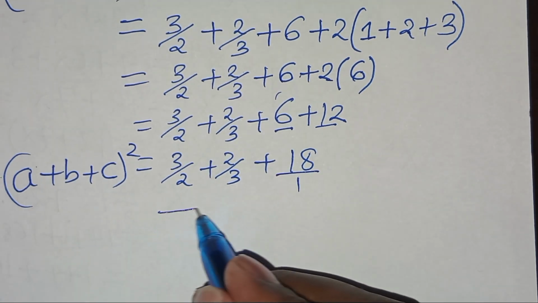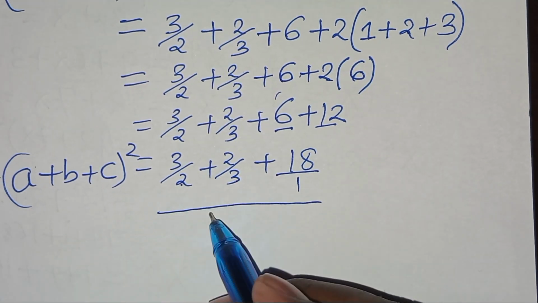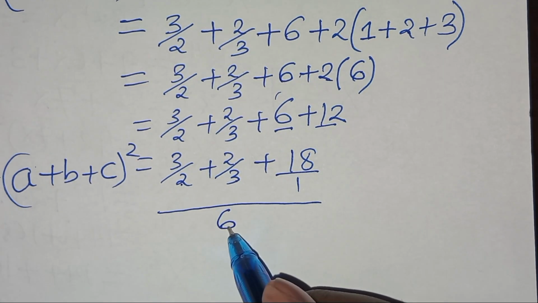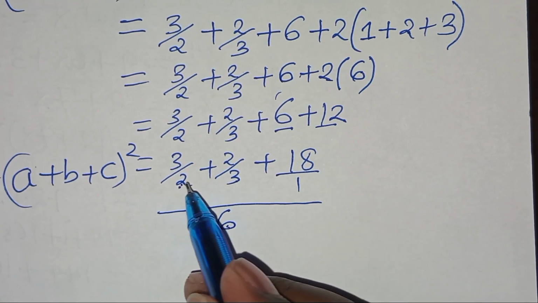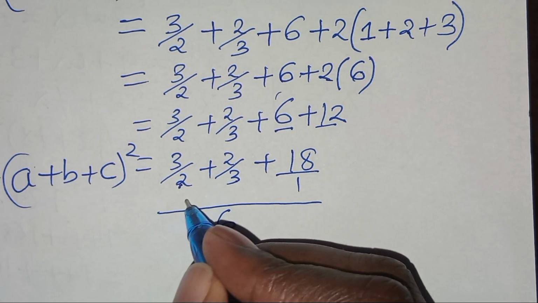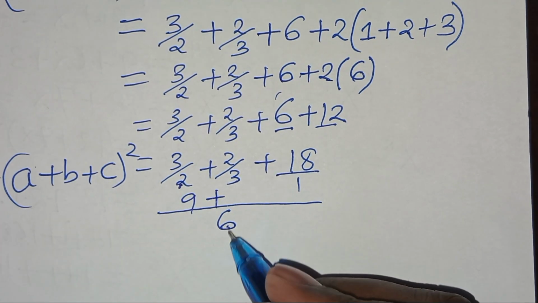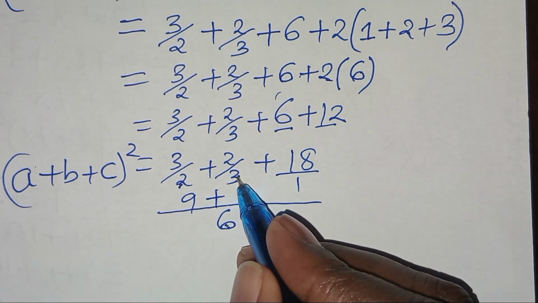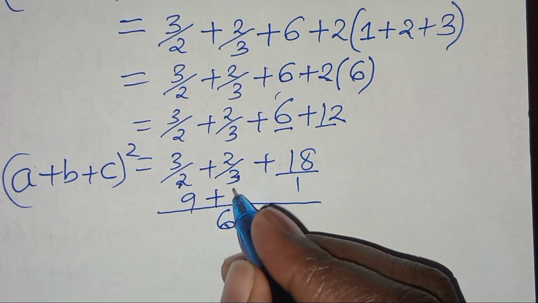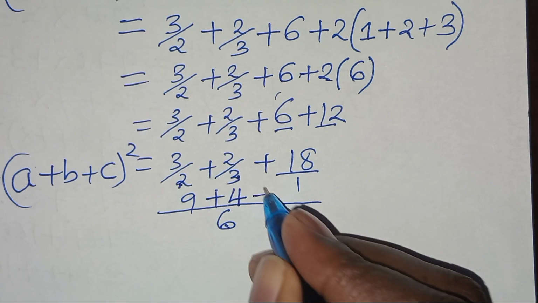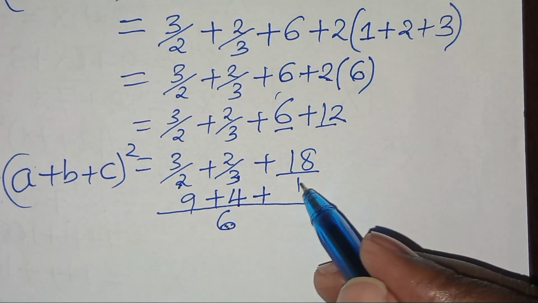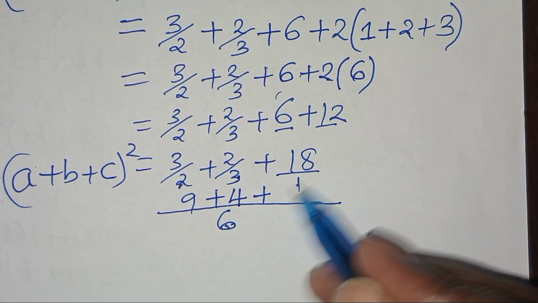The LCM here is 2 times 3, this is equal to 6. So 6 divided by 2, this is 3. 3 times 3, this is 9, plus 6 divided by 3, this is 2. 2 times 2, this is 4. Then plus 6 divided by 1, which is 6.